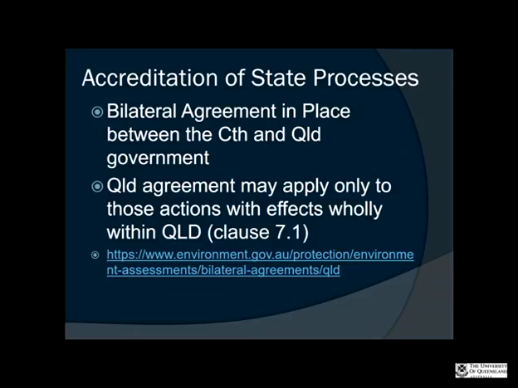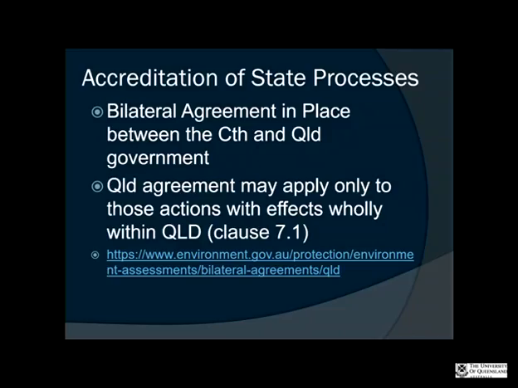One of the things to keep in mind is that there's an accreditation process in place. So the idea is to speed up the approval process and make it more streamlined between the states and the Commonwealth. So where there's a bilateral agreement in place and it applies to the particular action, then what can happen is the state processes can apply sort of in parallel with the Commonwealth ones.